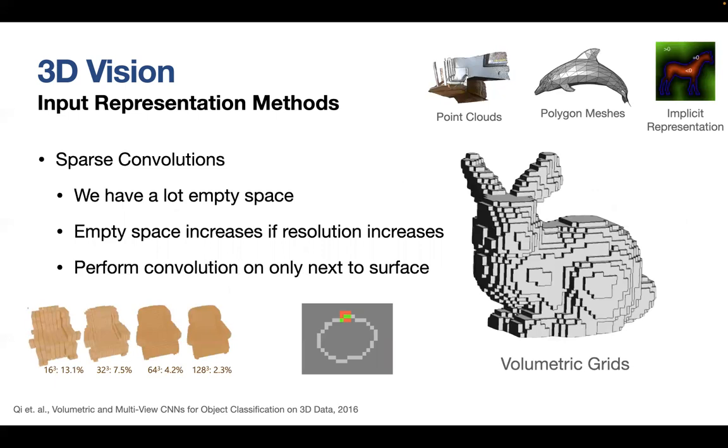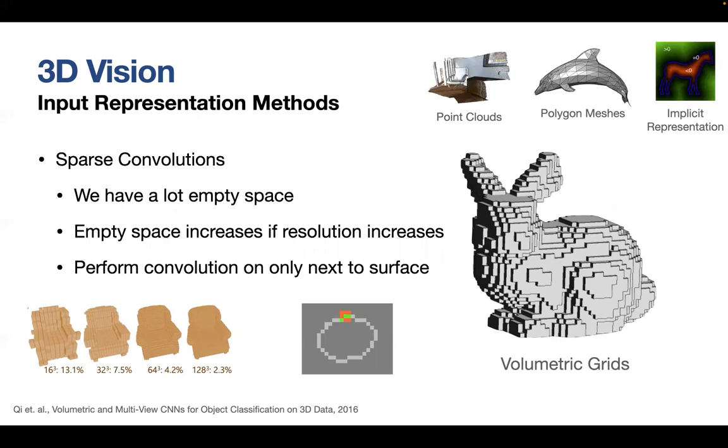However, we know that the dimensionality of the images is always going to be low. So how can we circumvent this? Researchers found out that we can utilize the nature of 3D, especially the feature that we only have information on the surface.